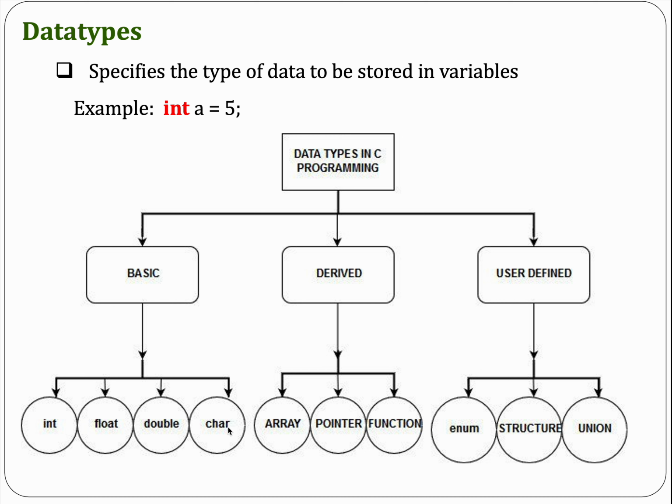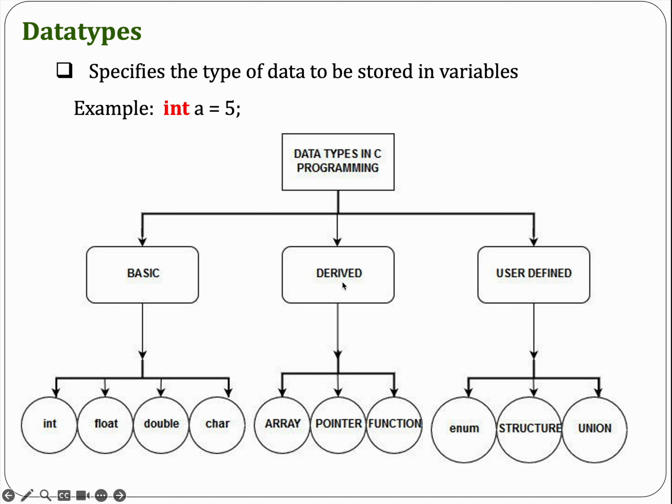Followed by character, a single alphabet. Apart from that, some people include void in the primitive data types; it does not return any value, it returns a null value. That is also called a basic or primitive data type.